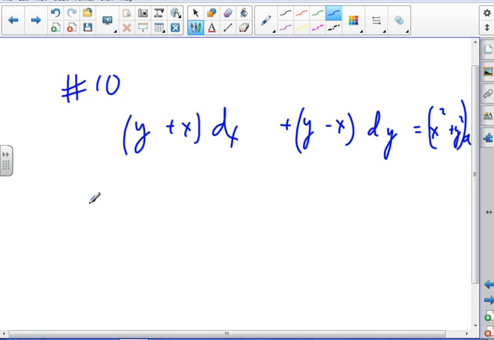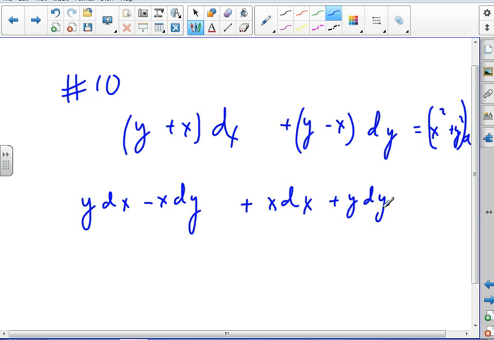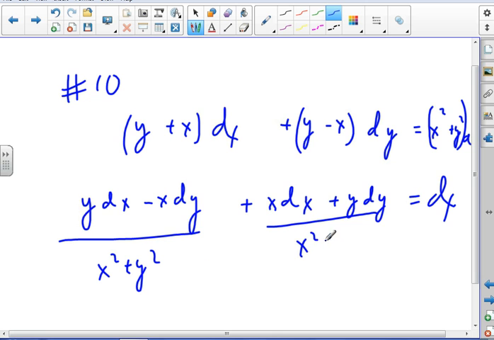All right, so I've got a y dx minus x dy, plus x dx plus y dy, is equal to dx divided by x squared plus y squared, x squared plus y squared.